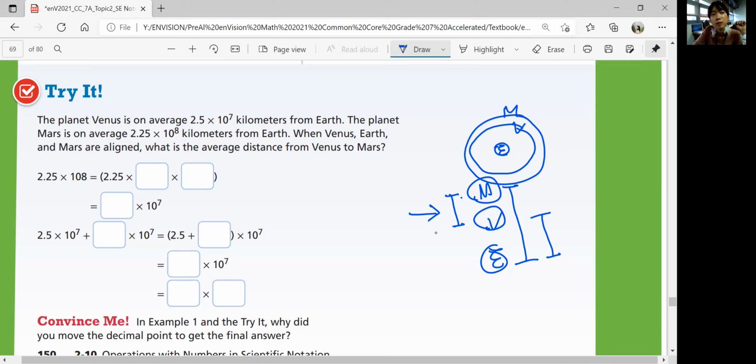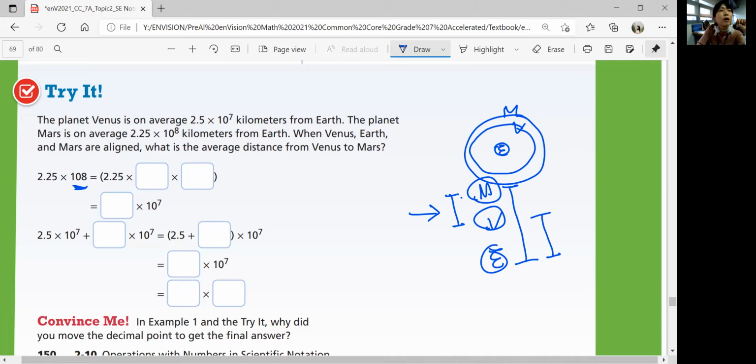So we are going to subtract them using scientific notation. In order to subtract the numbers, you have to make the powers the same. So you're going to change 2.25 times 10 to the 8th power. So this is the Mars one.